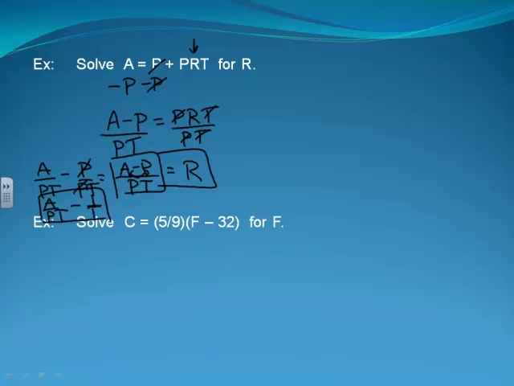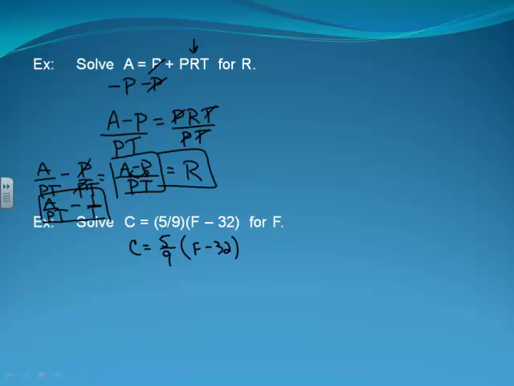All right, let's look at this problem. C is equal to 5/9 times the quantity F minus 32. I'm going to rewrite that so my fraction looks a little more like a fraction. So 5/9 times the group, F minus 32.